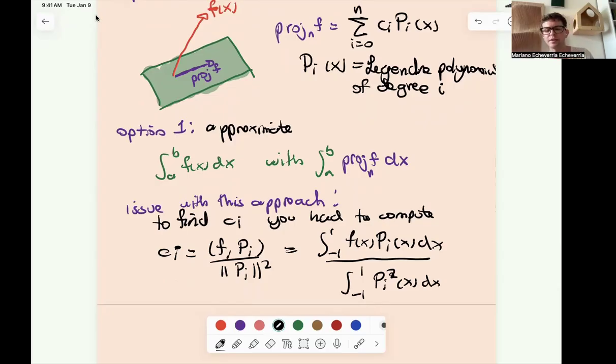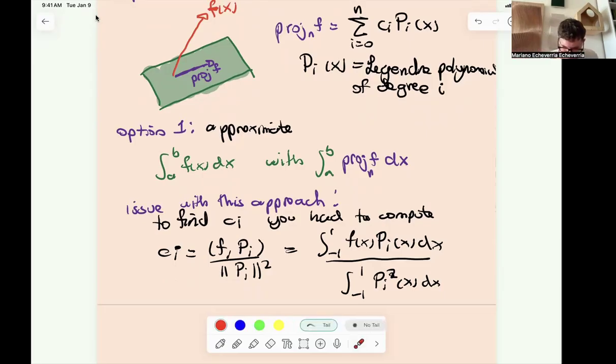So if you're telling me that you're trying to approximate the integral of the function, you shouldn't use as your approximation approach something that itself requires computing integrals of the function, if you know what I mean, right?